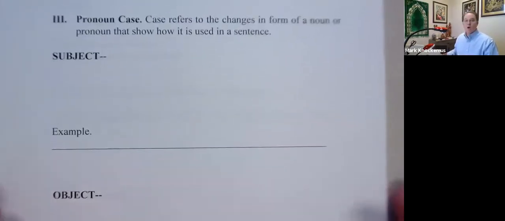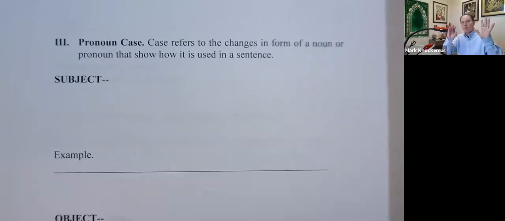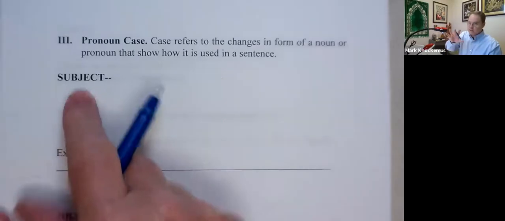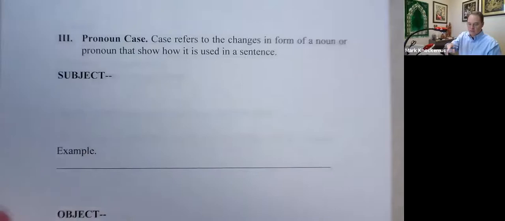Different is pronoun case. This is different than pronoun reference and pronoun agreement. Case refers to the different types of pronouns that we use depending upon how it's used in the sentence. And they're thinking, whatever. There's the three different cases. It'll become clear in a second. Just give me one more second. Okay, maybe like a minute.